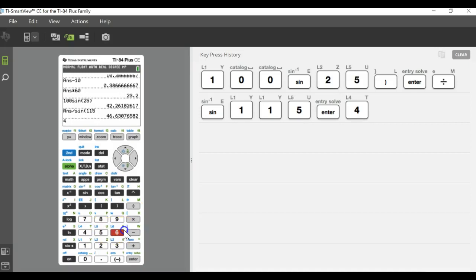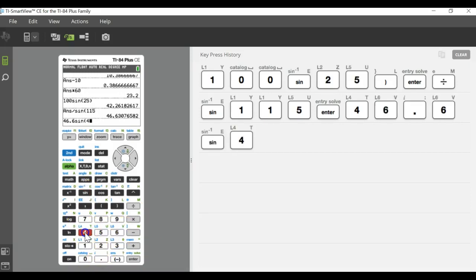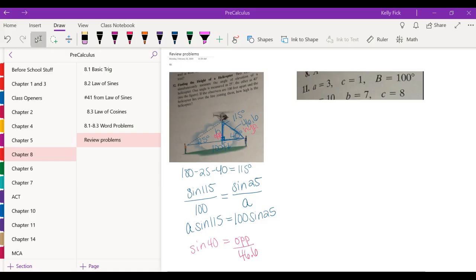So 46.6 sine of 40 results in 29.95. So it's 29.95 feet in the air.